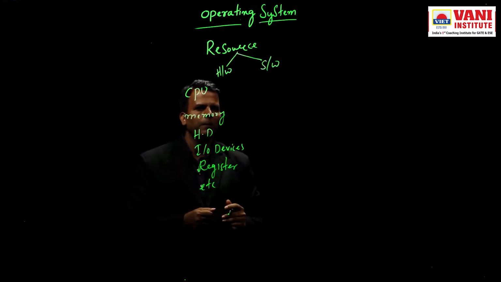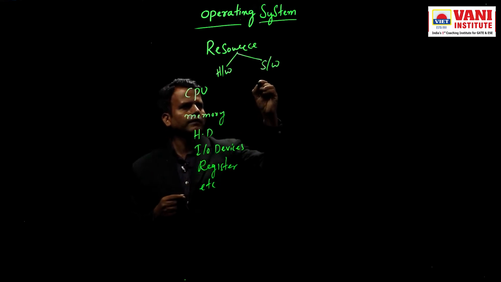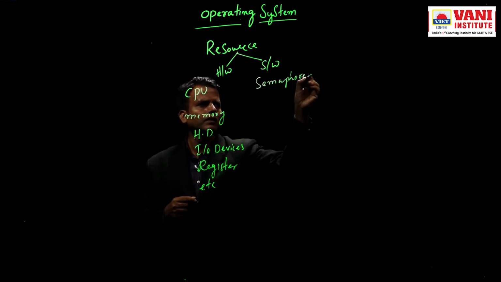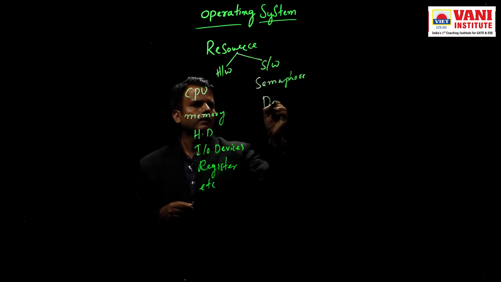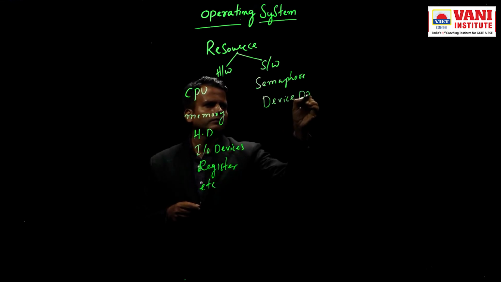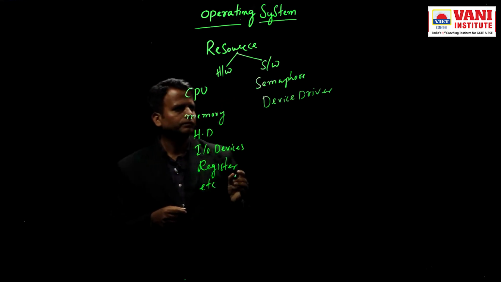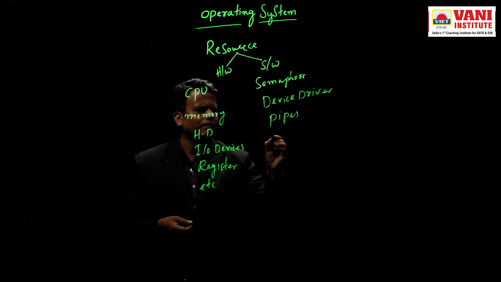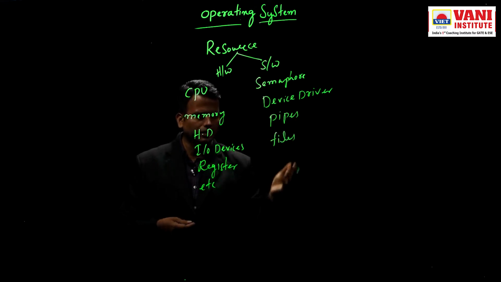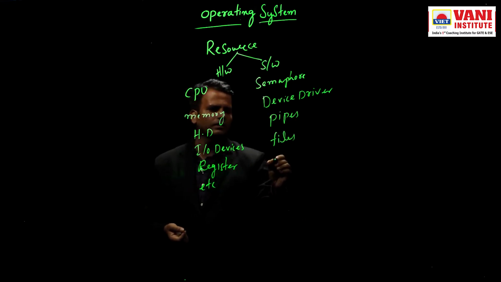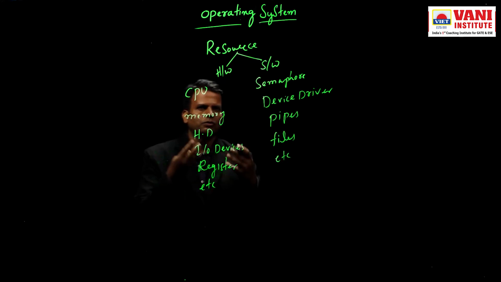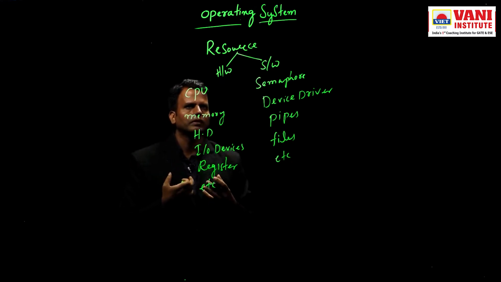A software resource means programs only: semaphore, device driver, pipes, and file, because everything is a file only. So these are the resources we need to see here.